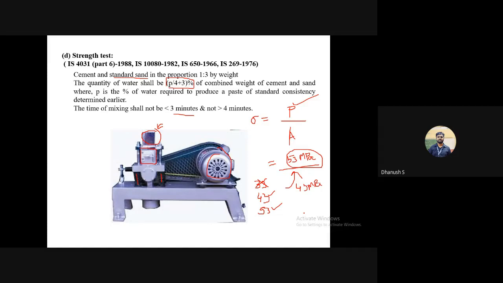Similarly, our forefathers who developed all these Indian standard codes sat down and decided this is how we'll measure the strength of cement, and that is why you are simply following. These are all standard practices. You cannot deviate from the procedure mentioned in the Indian standard codes. We have to stick to it to the T. You cannot use any sand other than Ennore sand, otherwise this test will not be valid. So that is all.